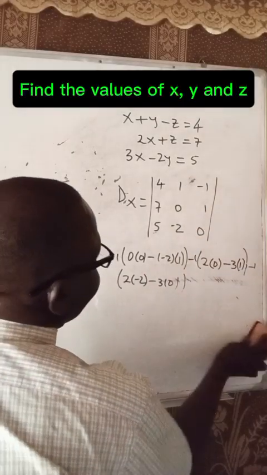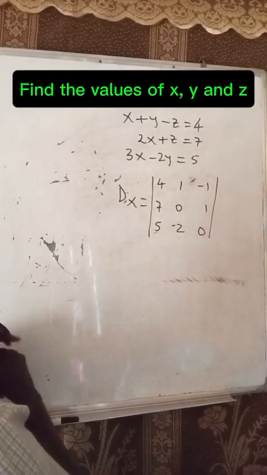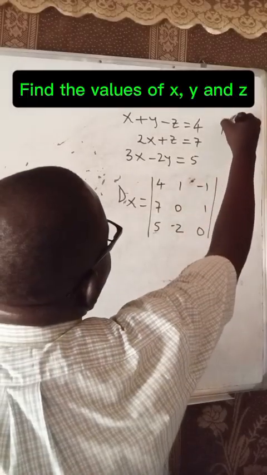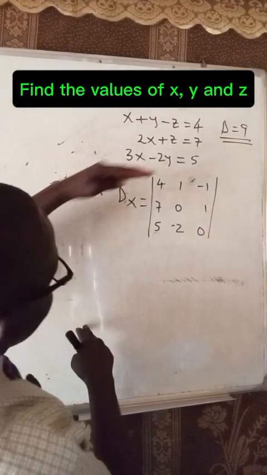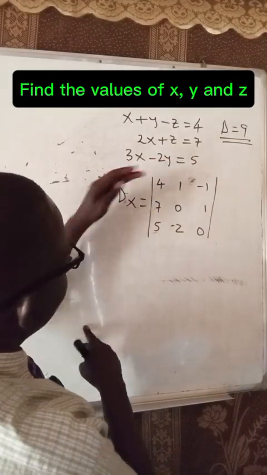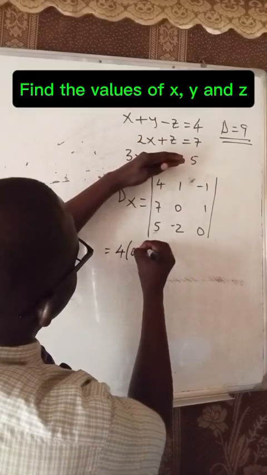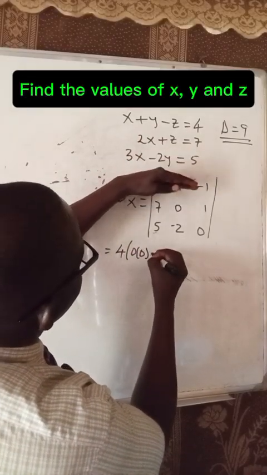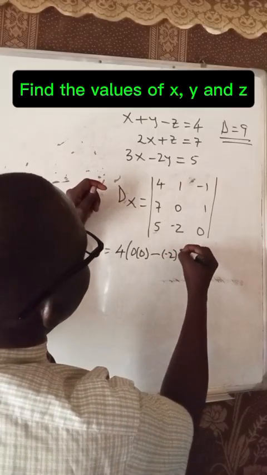Now, we know here D is equal to 9. Deleting the first row and the first column, we will have 4 times (0 times 0 minus negative 2 times 1).